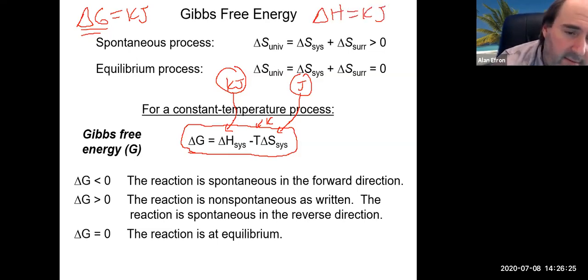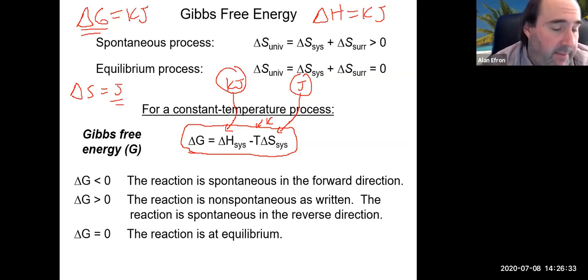So the one value that typically is not given in kilojoules is delta S. That is typically given in joules. So technically speaking, if they don't specify what unit to use, you could use any unit you want. But traditionally, delta G and delta H usually are given in kilojoules, and delta S is usually given in joules.